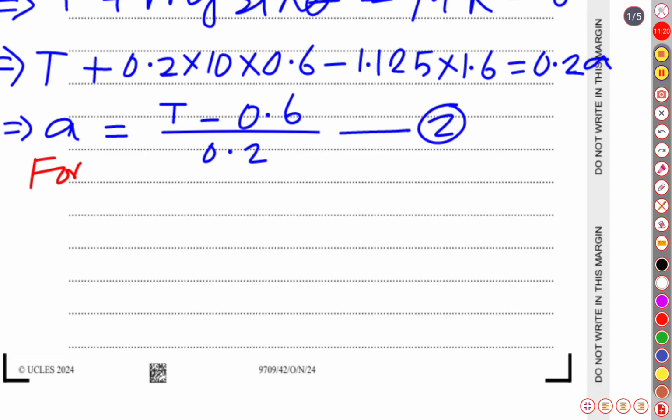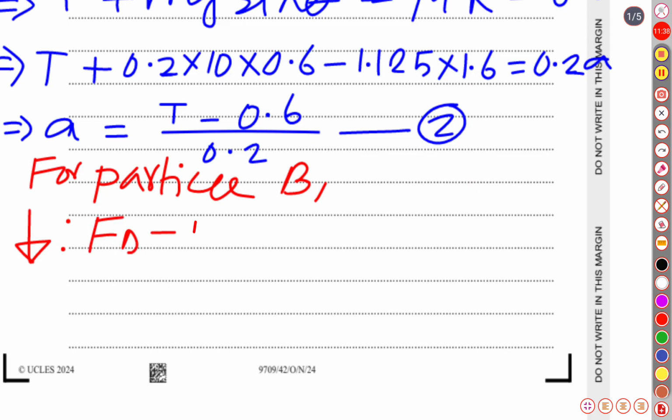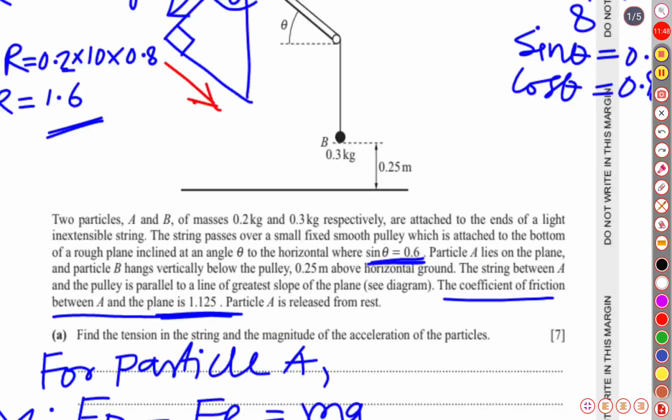For particle B, B is just hanging downwards, so the direction is vertically downward. The concept is the same: driving force minus resistance force is equal to mass into acceleration. If we observe particle B, the driving force is nothing but the weight, it is being pulled down by none but weight.